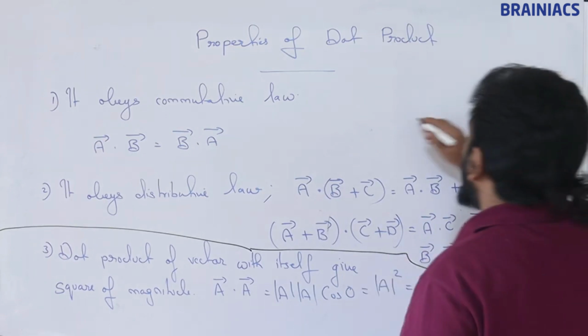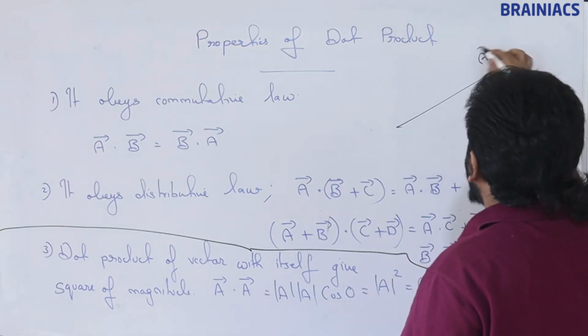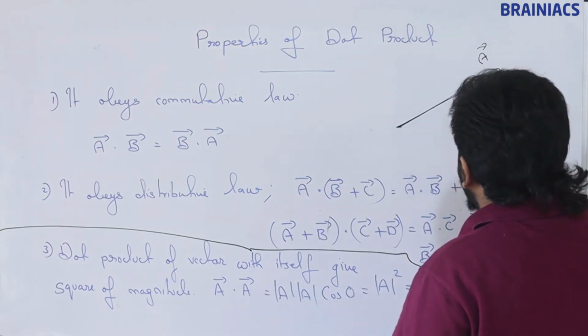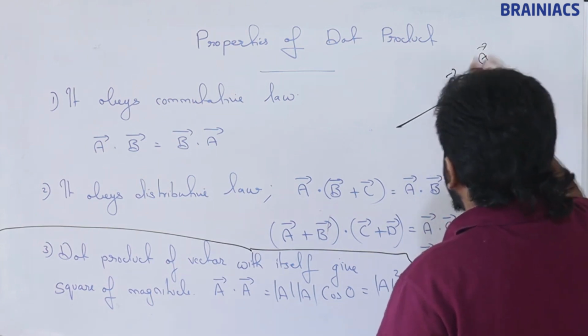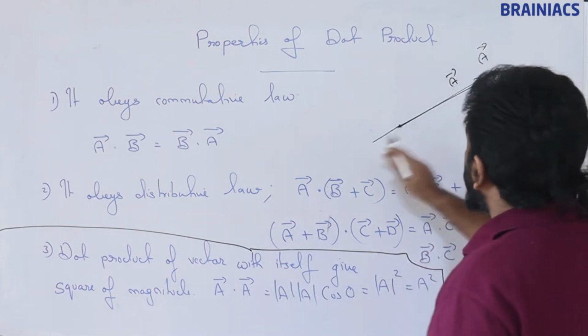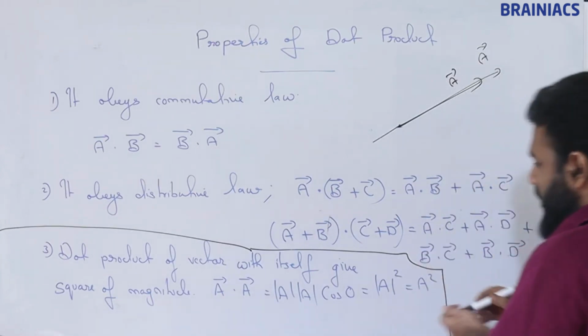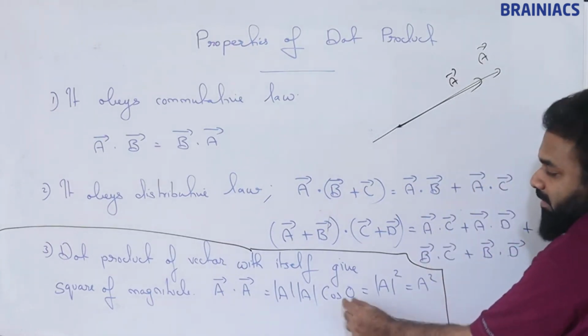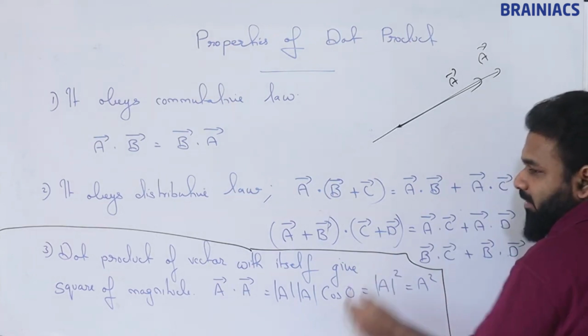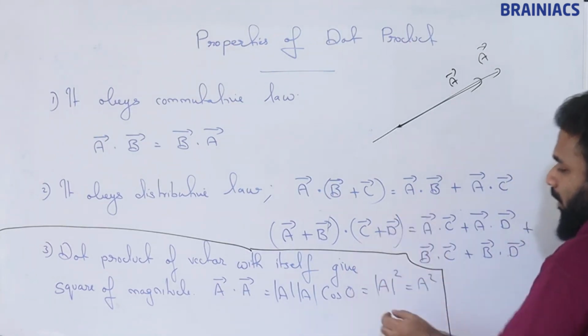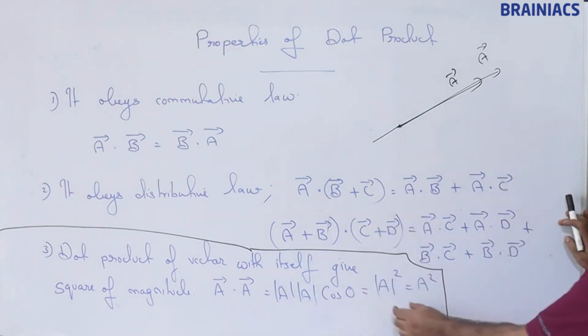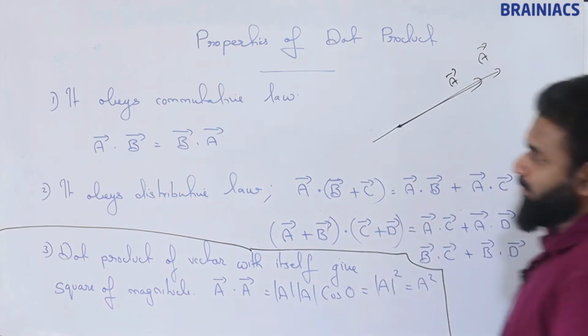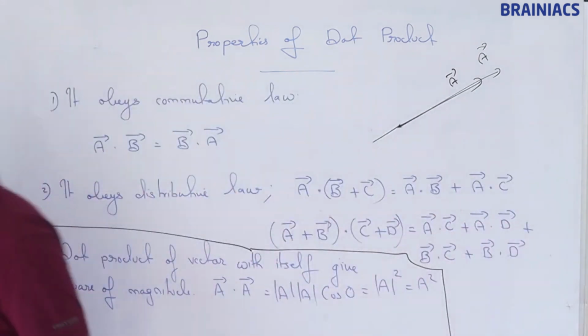Why cos 0? Suppose this is the direction of A, and that is the direction of another A. Both are the same vector, with the same magnitude and same direction, so the angle between a vector and itself is 0. So this is mod A squared, which is A squared. Note down these properties.